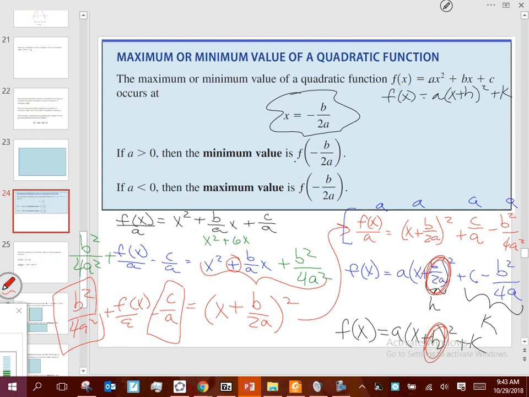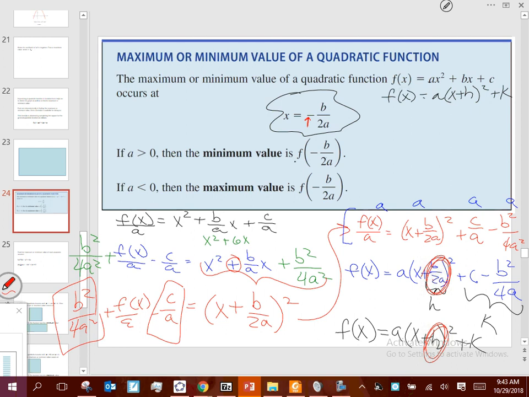So when it's x plus b over 2a, the vertex is moving contradictory to that plus sign. So whatever b over 2a is, the opposite of it, that negative, needs to be incorporated so I know the location of the vertex's x coordinate. That kind of makes sense, everybody?